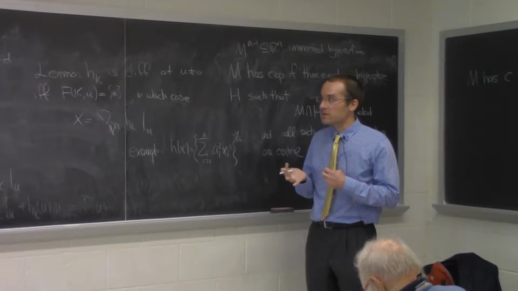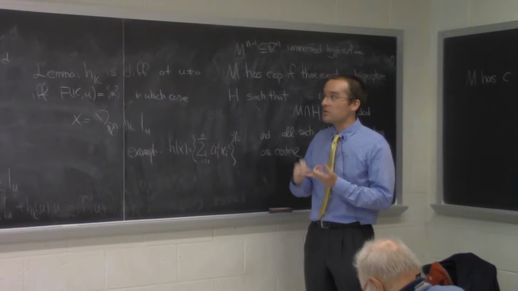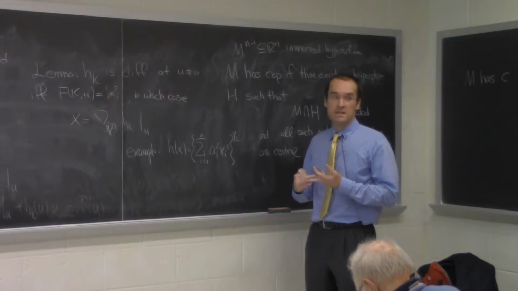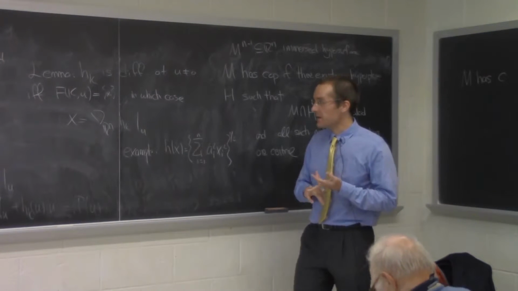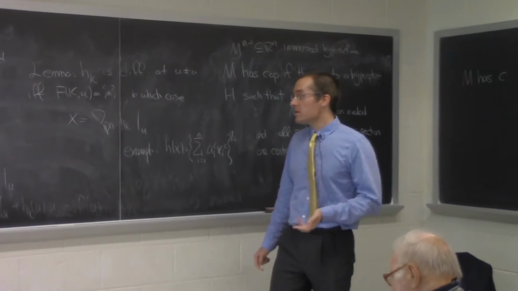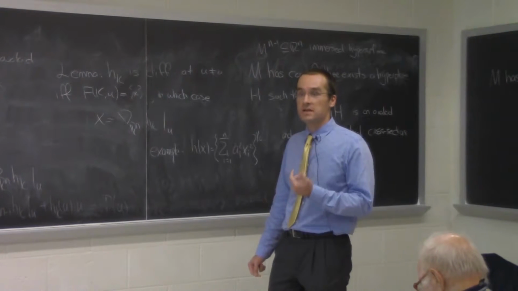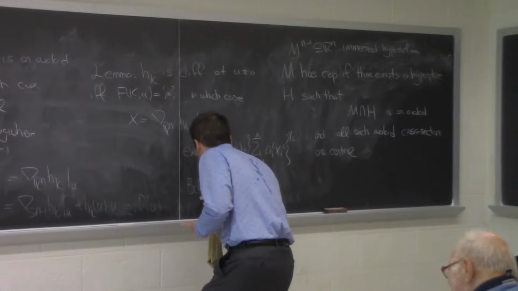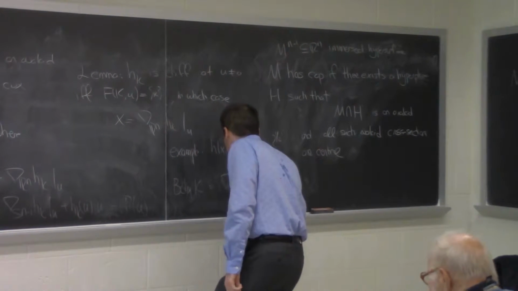Therefore, first of all, it's a support function because it's sublinear, and because it's differentiable everywhere except the origin, the body that it supports is a strictly convex body. And how do I figure out that body? Well, if I know all boundary points, the body is just a convex hull. So what are the boundary points? Well, because the body is strictly convex, the boundary points are just the gradients.